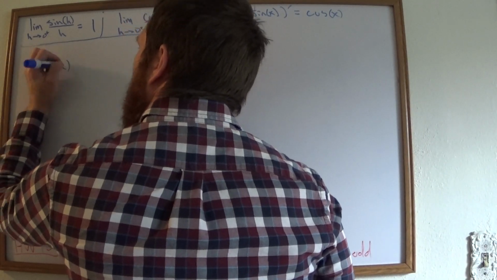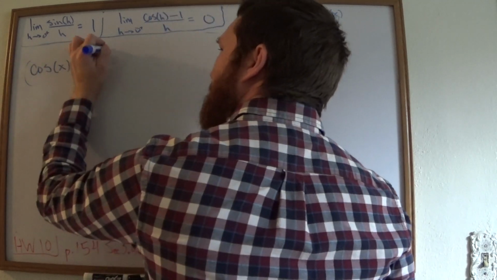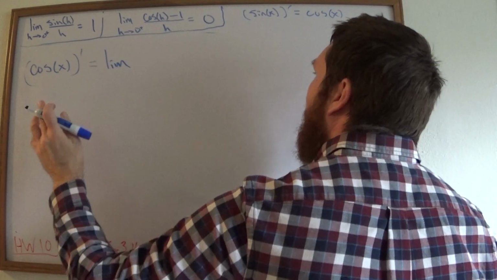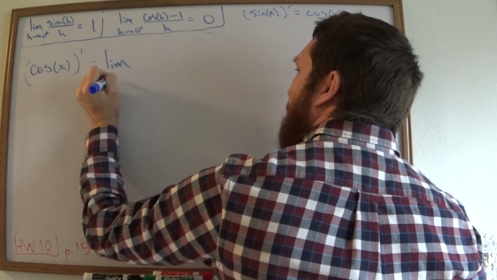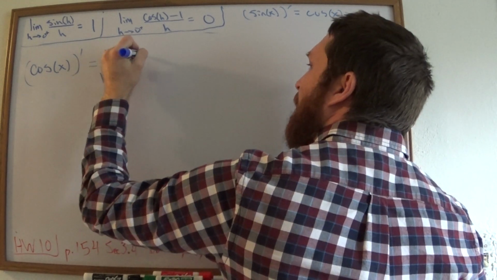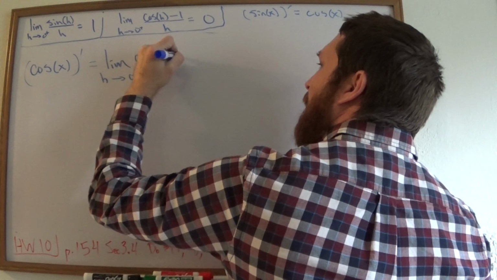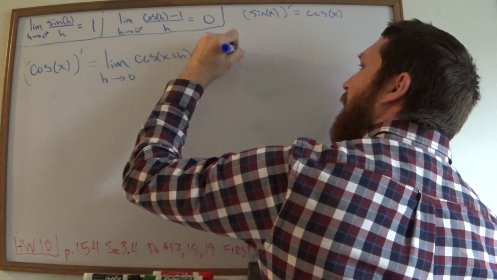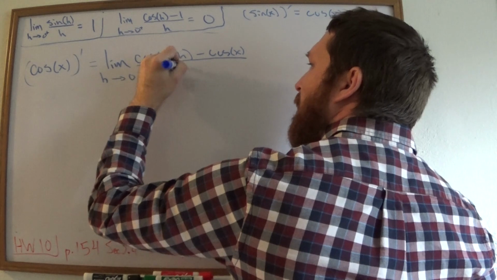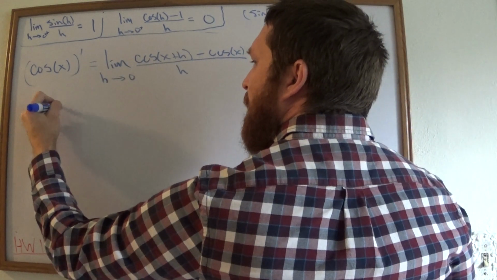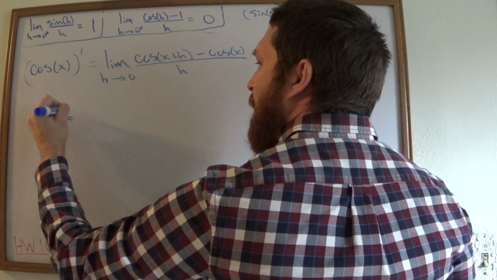All right. The derivative of cosine x is equal to the limit as h goes to 0 of cosine of x plus h minus cosine of x all over h. What do you think I'm going to do with cosine?